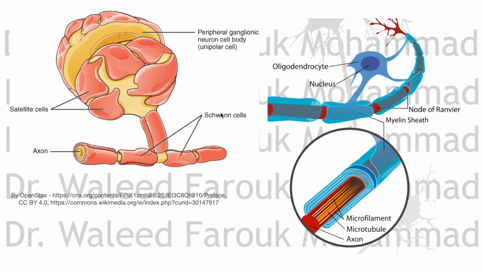They are similar to those that myelinate the peripheral nervous system, which are Schwann cells, as you can see here. And by the way, the oligodendrocytes do not myelinate only one axon, but multiple axons. That's why a disease hitting them, such as multiple sclerosis, has a devastating effect on the central nervous system.